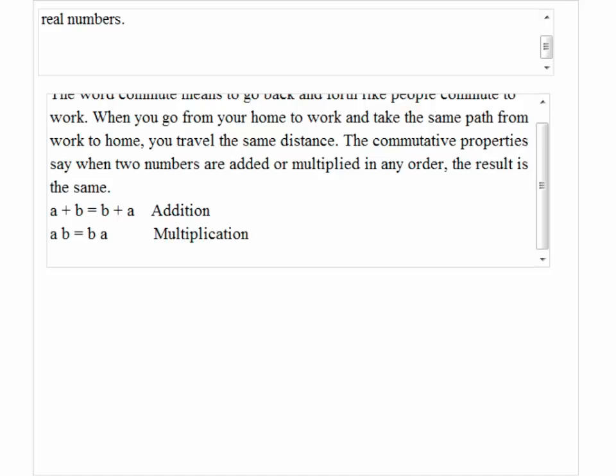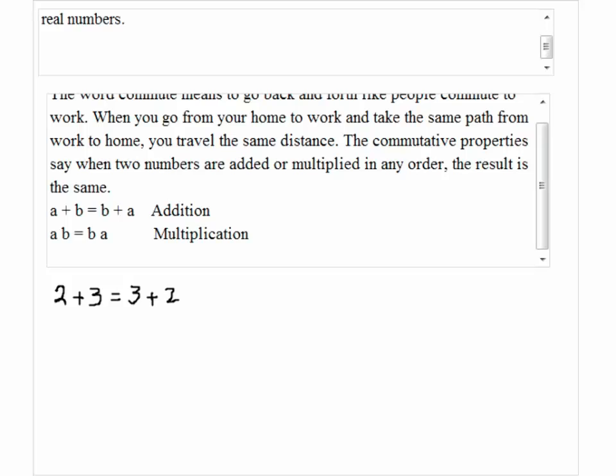Example of commutative property for addition would be if I have 2 plus 3, it is the same as 3 plus 2. That would be a simple example.